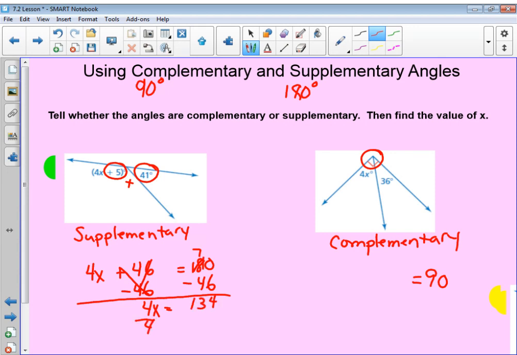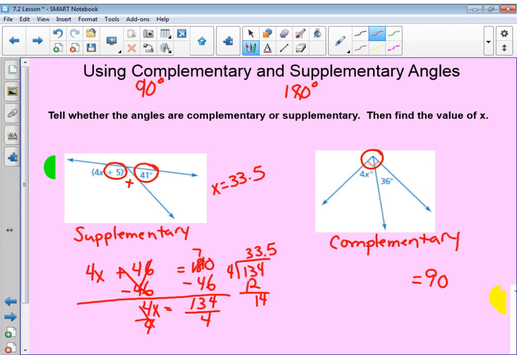So 4 divided by 4. Okay, so we end up with x equaling 33.5.